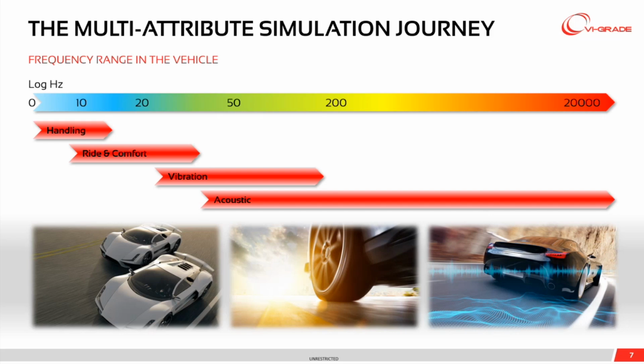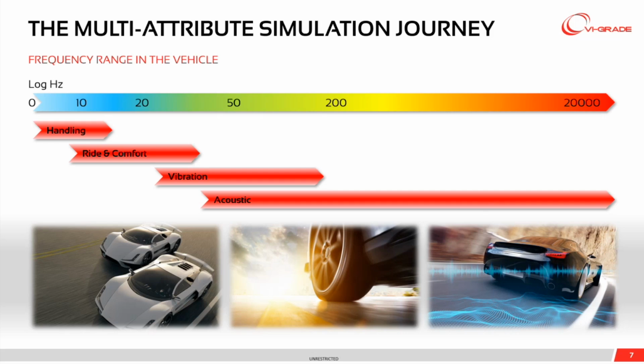So in terms of multi-attribute and full spectrum simulation, we know that when driving a car, the occupants of the vehicle are subject to a very wide range of frequencies. Each range of frequency can be grouped under different disciplines.